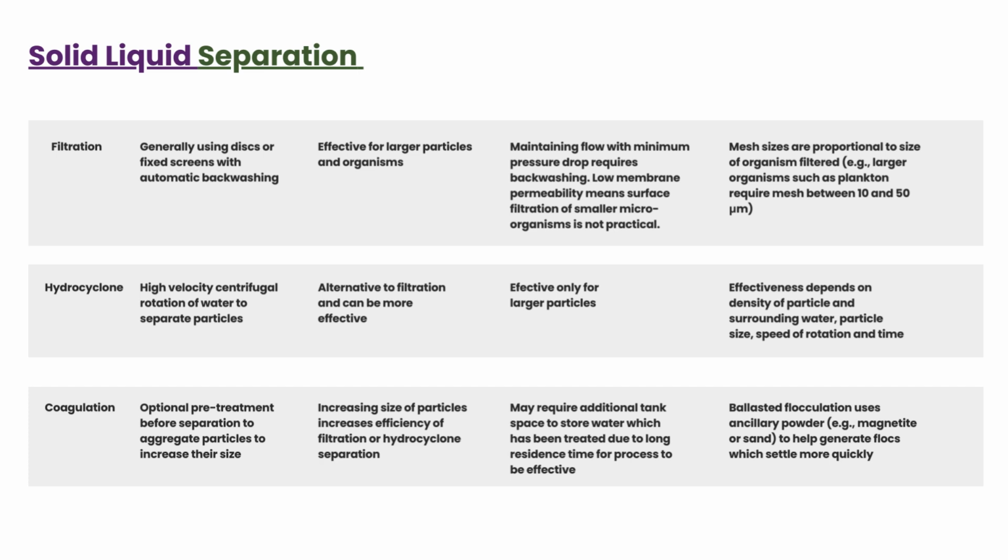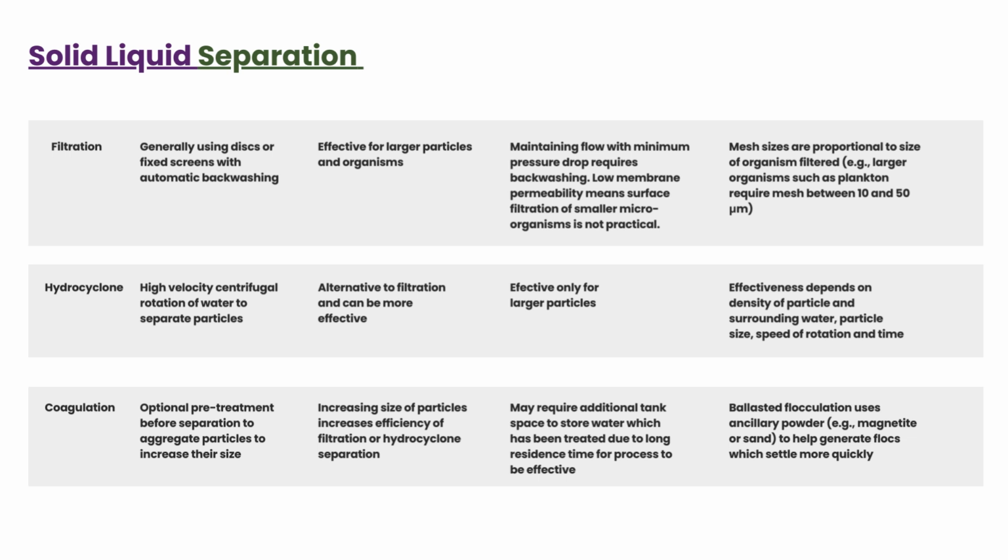You are required to carry out a backwash. With the backwash, the complete screen is getting cleaned. The low membrane permeability means surface filtration of small microorganisms is not practical. Mesh sizes are proportional to the size of the organism filtered. That is, large organisms such as plankton require mesh between 10 to 15 micron.